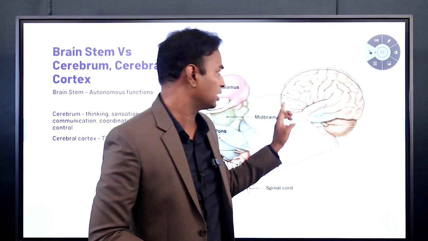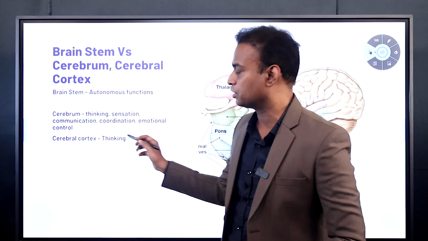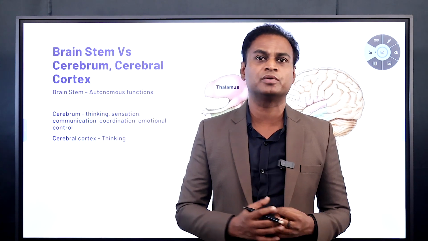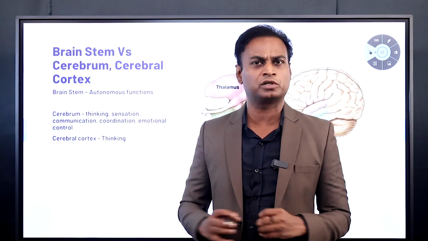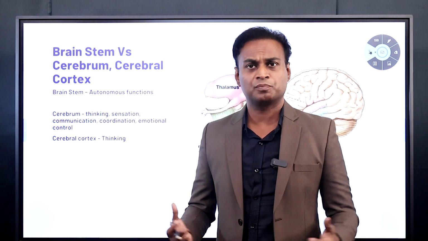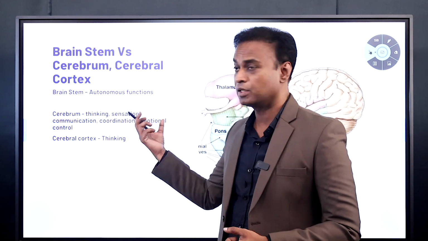The outer part of the cerebrum is known as the cerebral cortex. What is the function of especially this outer part? That is thinking. This thinking makes the difference between human beings and other animals. Other animals are similar to human beings in all ways. You take respiration, digestion, excretion, reproduction, nervous system, everything is the same except for this cerebral cortex.